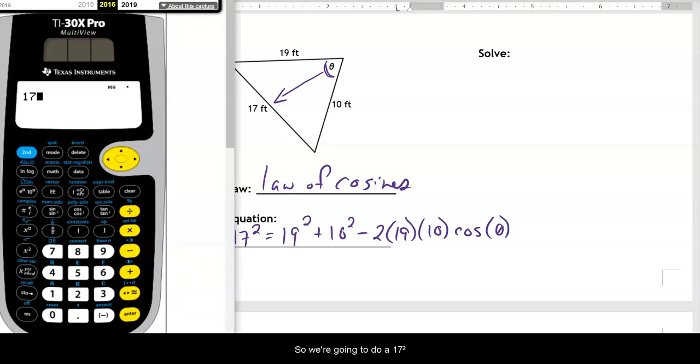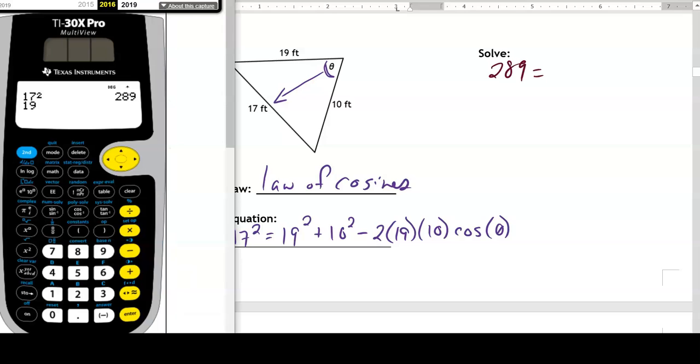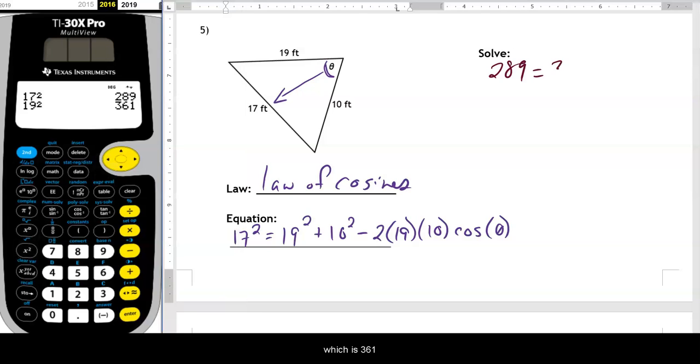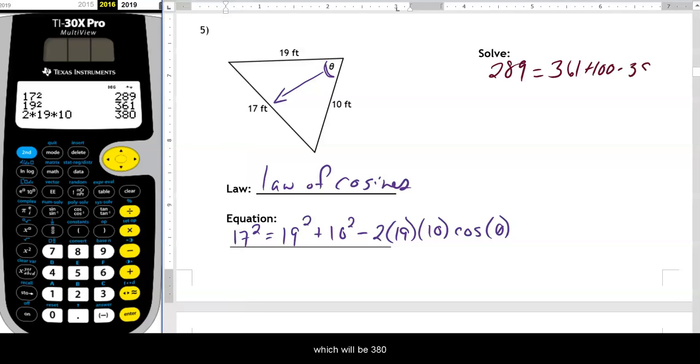We're going to do 17 squared, which would be 289, equals 19 squared, which is 361, plus 10 squared, which is 100, minus 2 times 19 times 10, which will be 380.